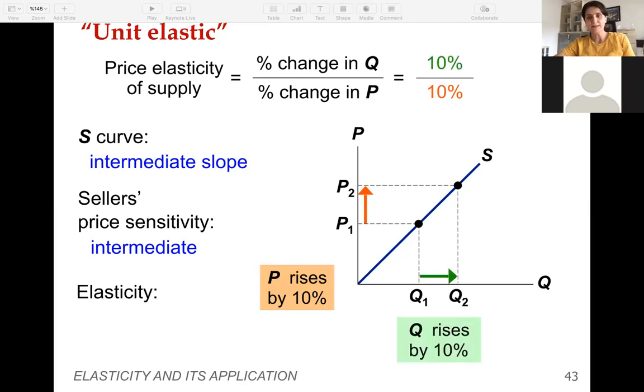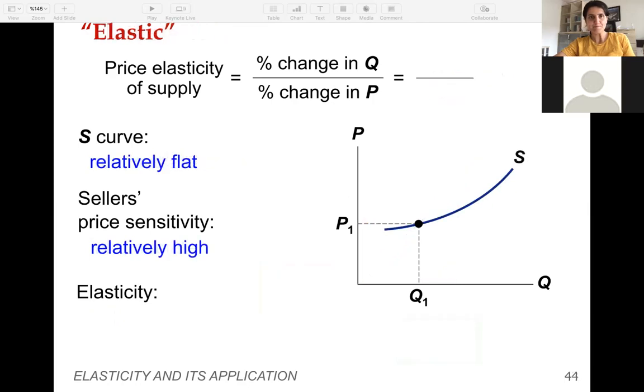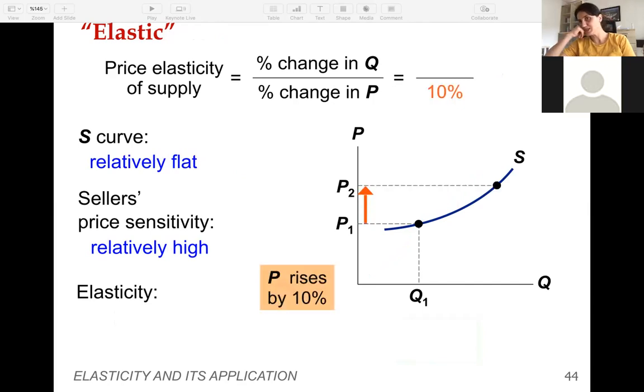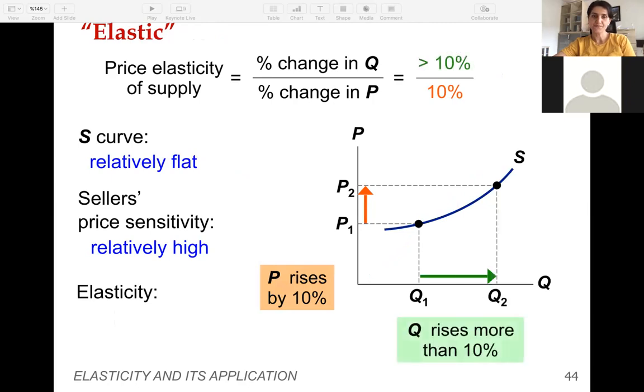Then price elasticity of supply for the elastic supply curve. The supply curve is relatively flat and the seller's price sensitivity is relatively high. If there's a 10% increase in the price, the percentage change in quantity will be higher than 10%, and then elasticity will be bigger than 1.